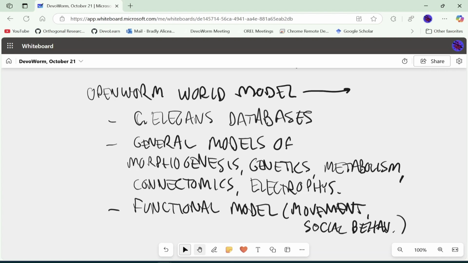The general models of, say, morphogenesis, metabolism, or genetics would basically describe what kinds of circuits we have, such as movement circuits, what kinds of gene regulatory networks we have, and what other types of networks we have. We basically want to describe these processes in C. elegans at a very general level.